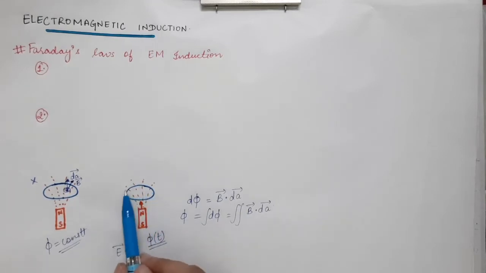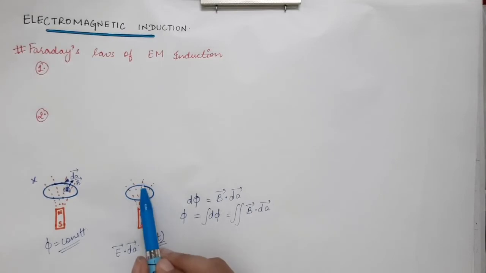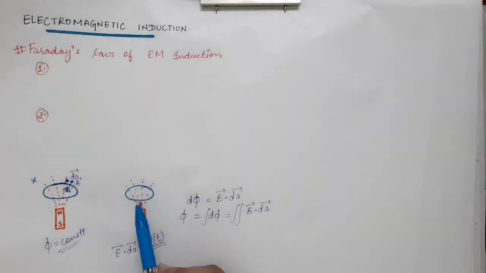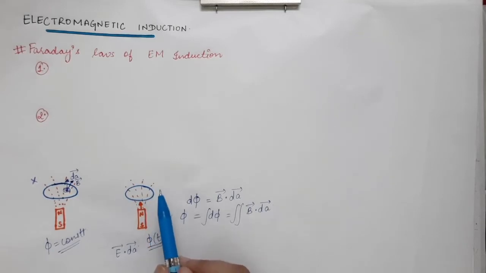If it is a closed circuit, then there will be a flow of current. But if this path is open, if it is not closed, then there will be only induced EMF and no current. So current will flow only if the circuit is closed or complete.